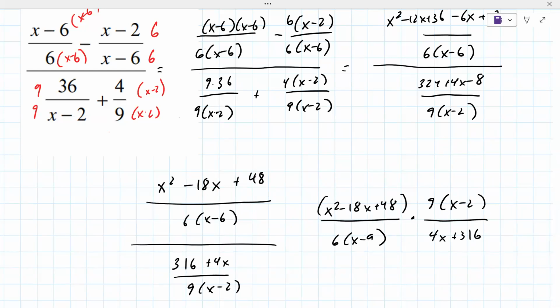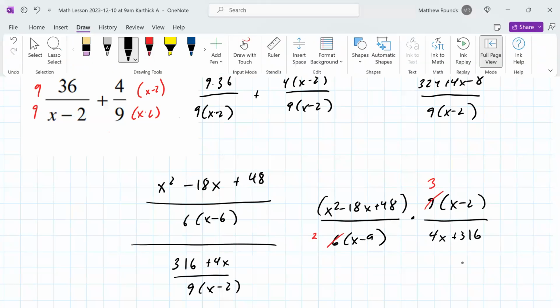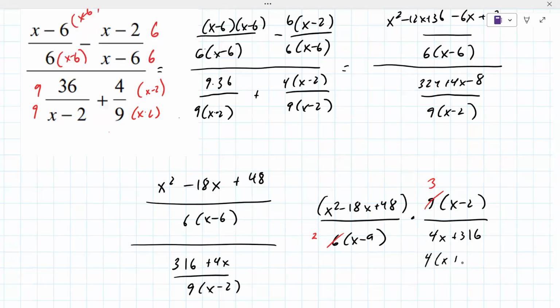And then you start looking for things that might cancel. There's not much. The 9 and the 6 do cancel, so there's a 3 and 2. You could factor 4 out of the bottom here, x plus 79.